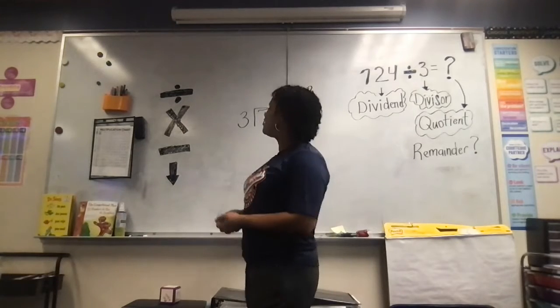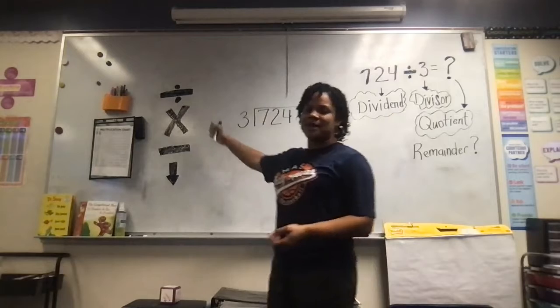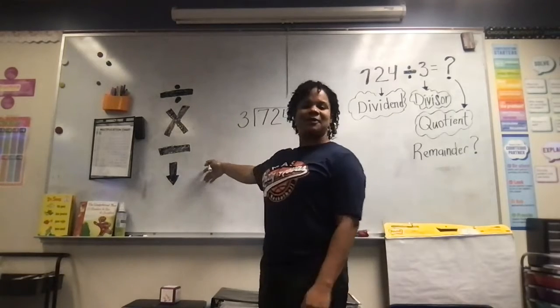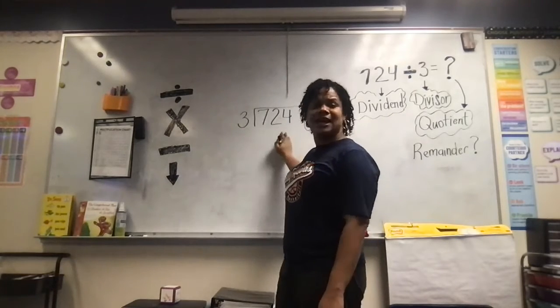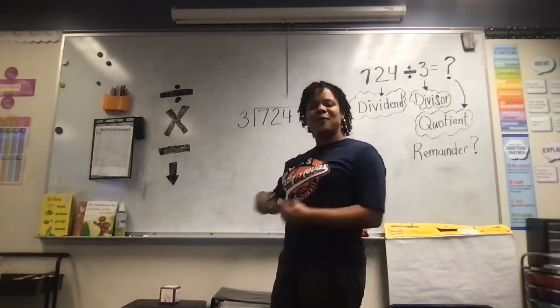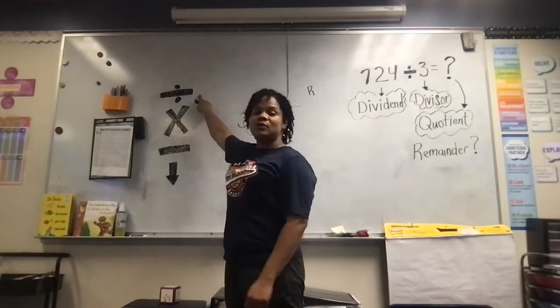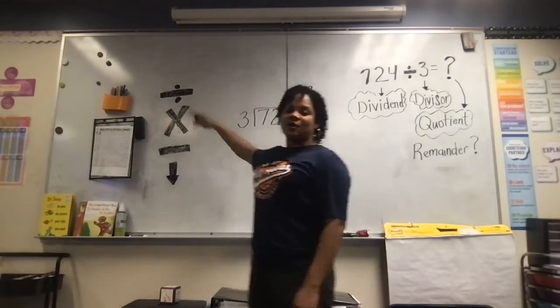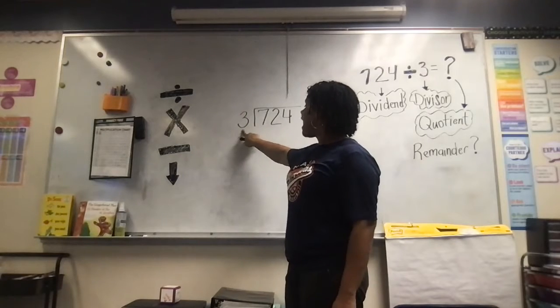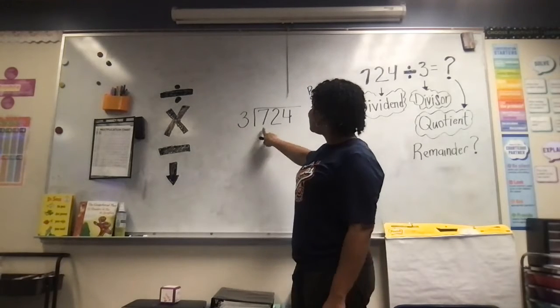Before we dig into our problem, let's remember the steps that we have to take, because this is a nice-sized, big problem. We want to make sure we're ready to attack it in the best way. We divide first: in this problem, we see how many times 3 goes into 7.